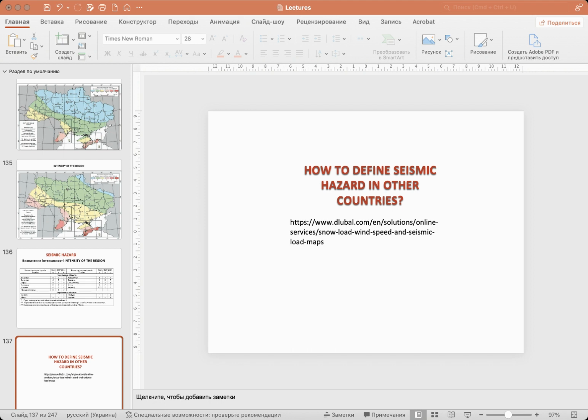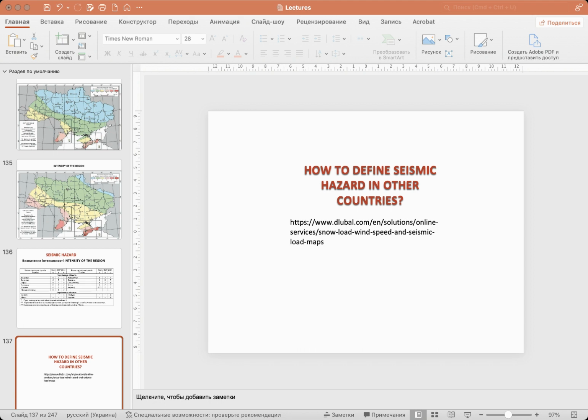Austria, seismic, and for example, sorry, I have some troubles. I don't know why it doesn't want to let me into that service, because previously I was using it and it was good. So maybe it's an internet problem.